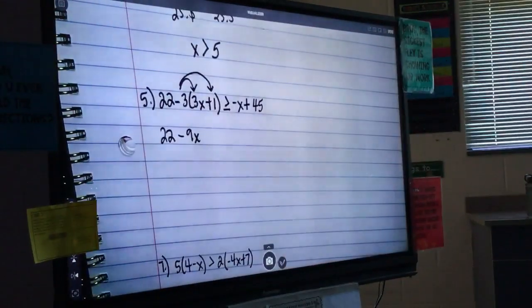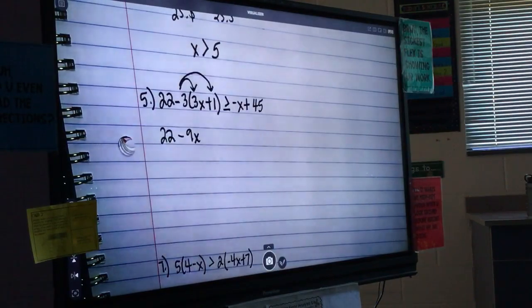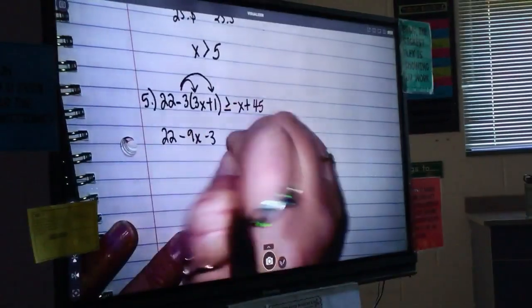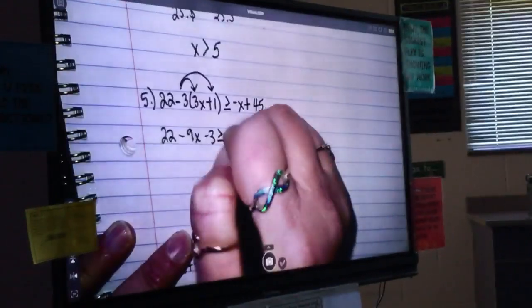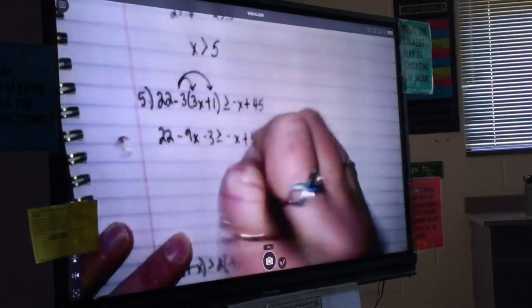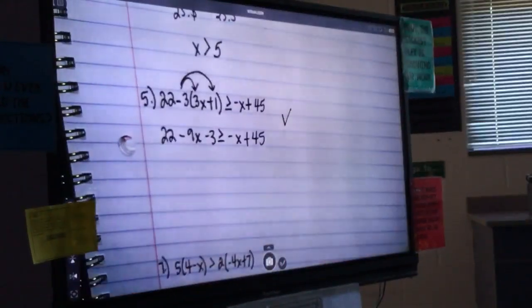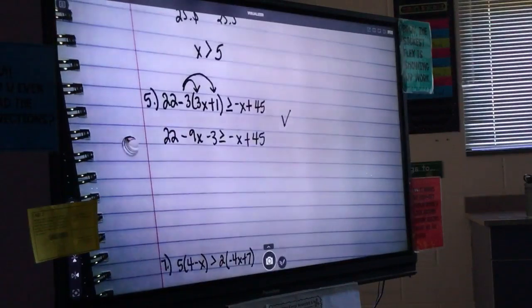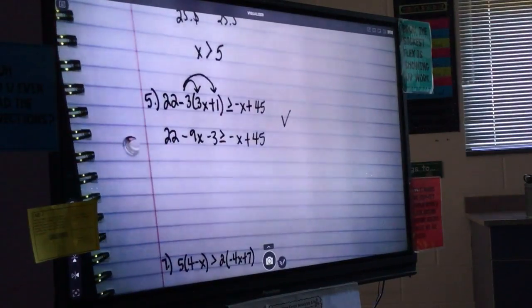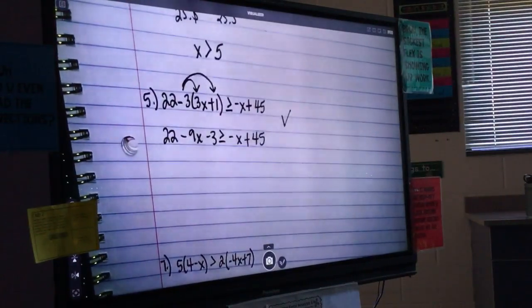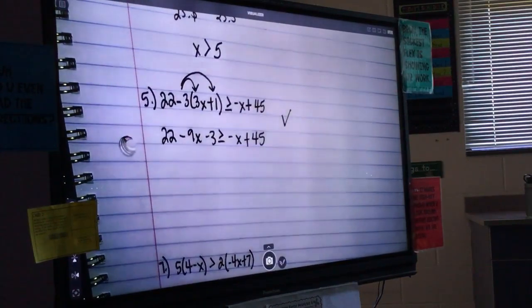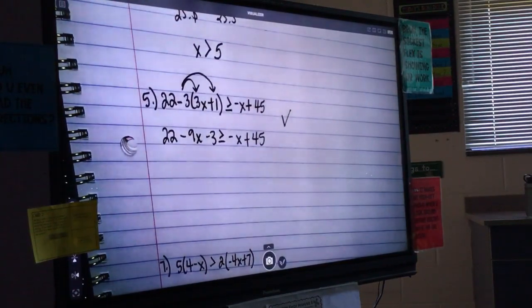Then, -3 times 1 is going to give me what? -3. And then from here, find your variables, find your constants, stop there when you're done. Okay, so combine constants, stop. Make sure they're right. Combine variables, stop, make sure they're right, and then stand up.